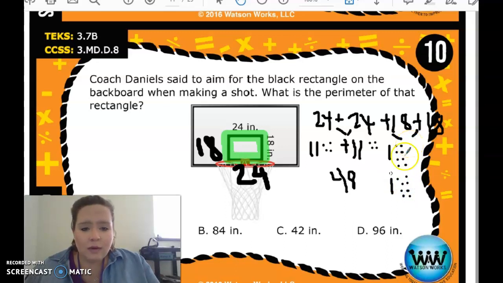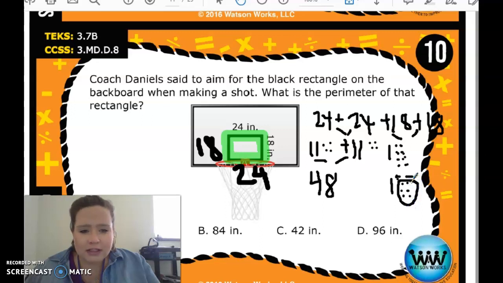When I start adding, what place value do I start adding in? Good, I'm going to start adding in my ones place. 1, 2, 3, 4, 5, 6, 7, 8, 9, 10. When I get 10 ones, what do I do?